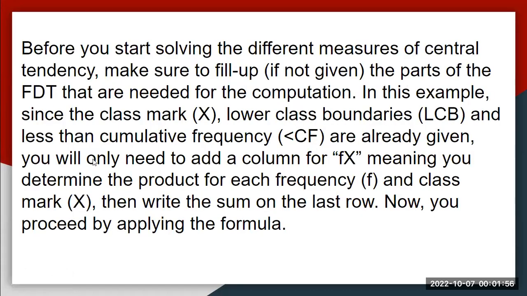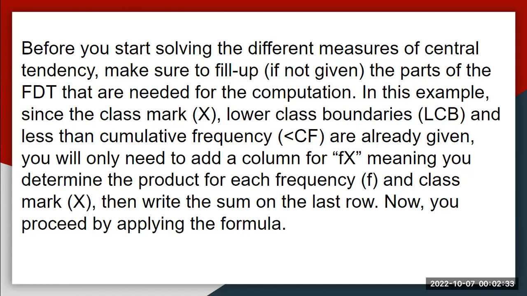So before you start solving the different measures of central tendency, make sure to fill up, if not given, the parts of the frequency distribution table that are needed for the computation. So in this example, since the class mark, yung big letter na X, and then si lower class boundaries, LCB, and the less than cumulative frequency, or the less than CF, are already given, you will only need to add a column for fx, meaning you determine the product for each frequency and the class mark.